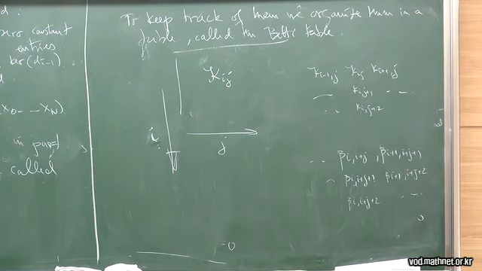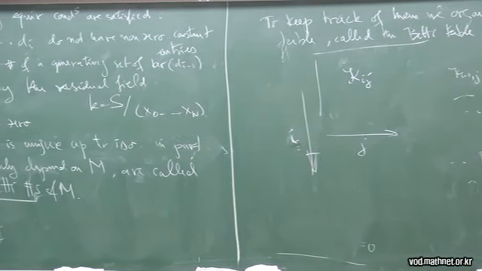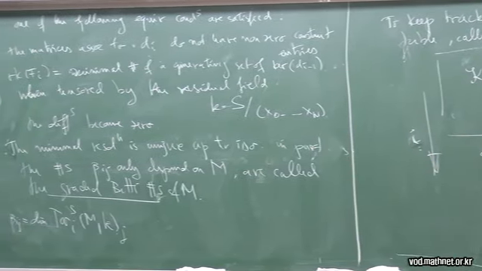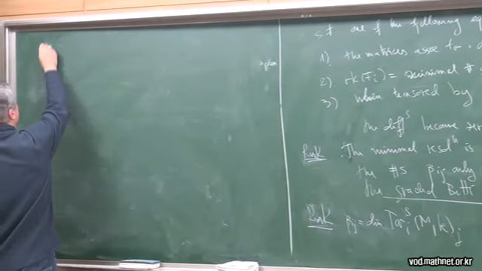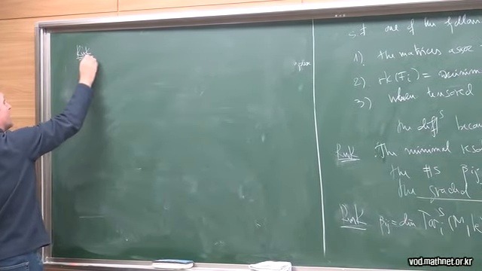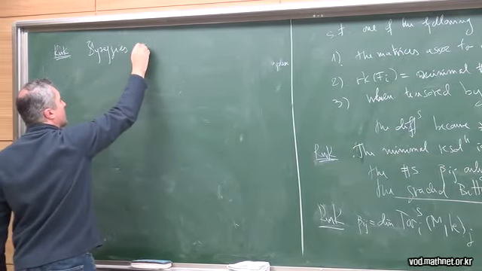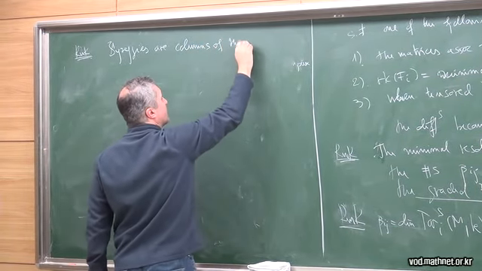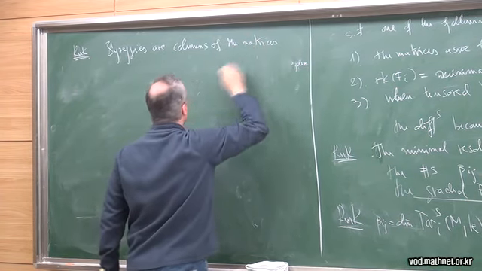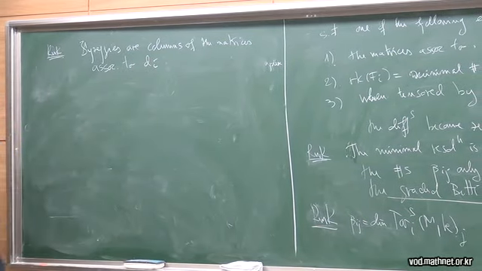Okay, so let's give one example. I should have mentioned that the syzygies are columns of the matrices associated to the di's.